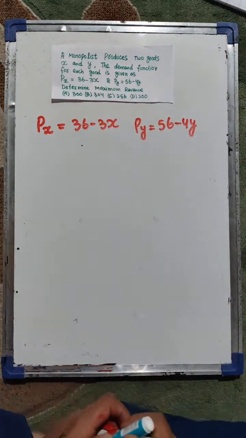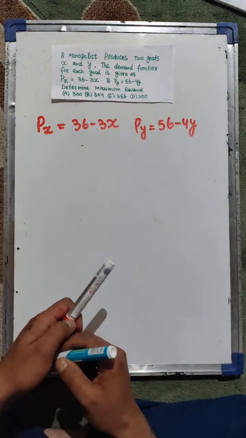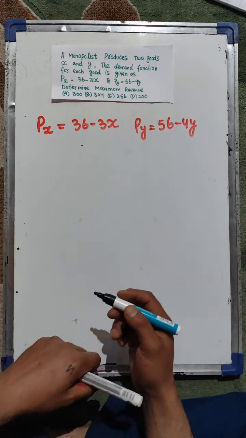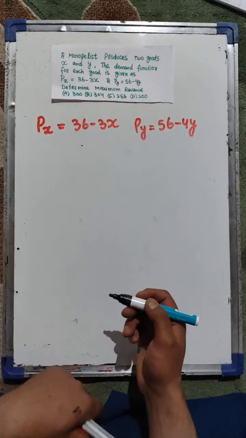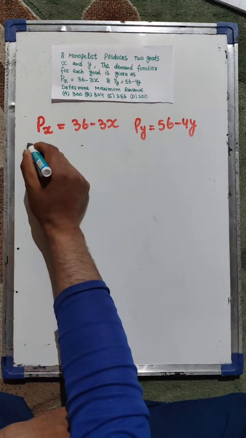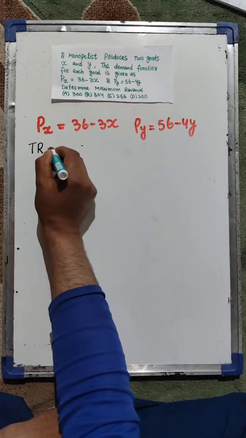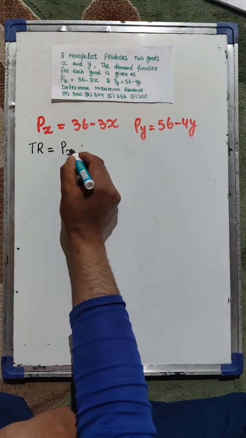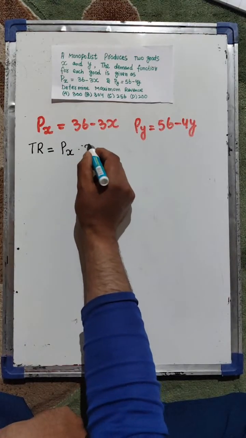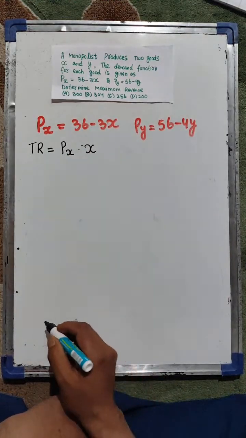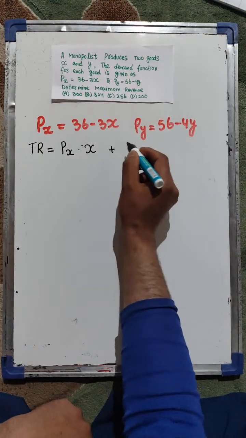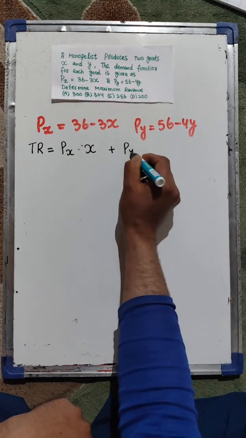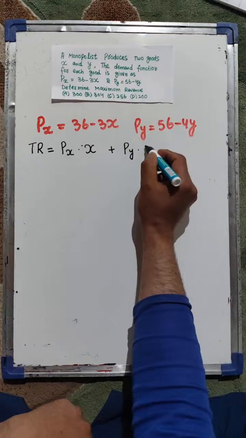So first thing is first, we need to find out the revenue of the monopolist. We know that total revenue for this monopolist will be equal to the price of good X times units of good X sold plus price of good Y times the units of good Y sold.